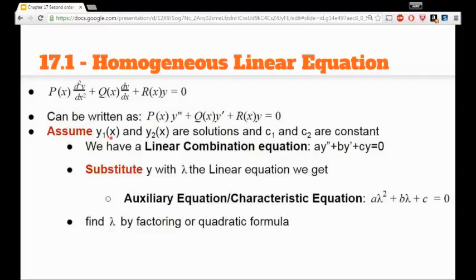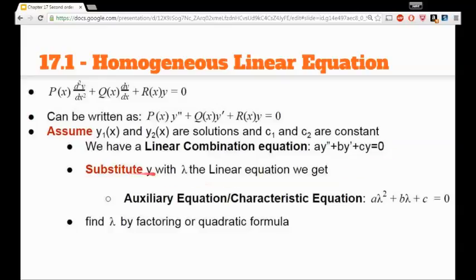We assume that y1 of x and y2 of x are solutions of this equation, and c1 and c2 are constants. We have a linear combination equation: a y double prime plus b y prime plus c y is equal to 0.